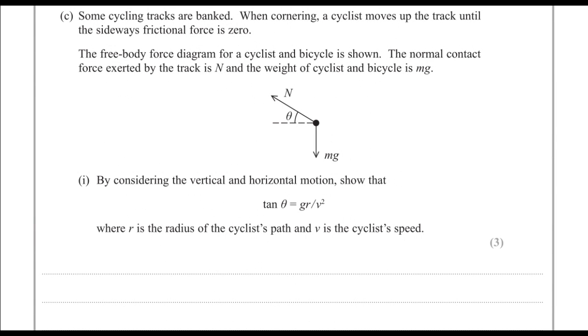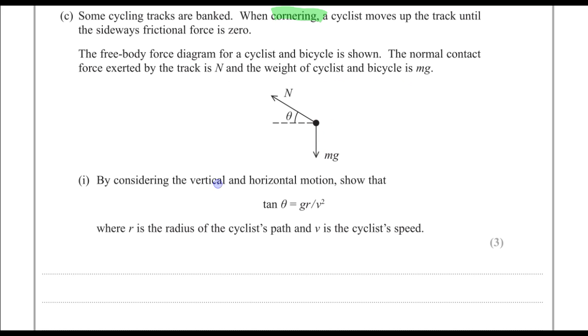In part C, we are given the free body force diagram for a cyclist and the bicycle when they are cornering on a bank track. We are told that the normal contact force exerted by the track is N, and the weight of the cyclist and bicycle is mg.